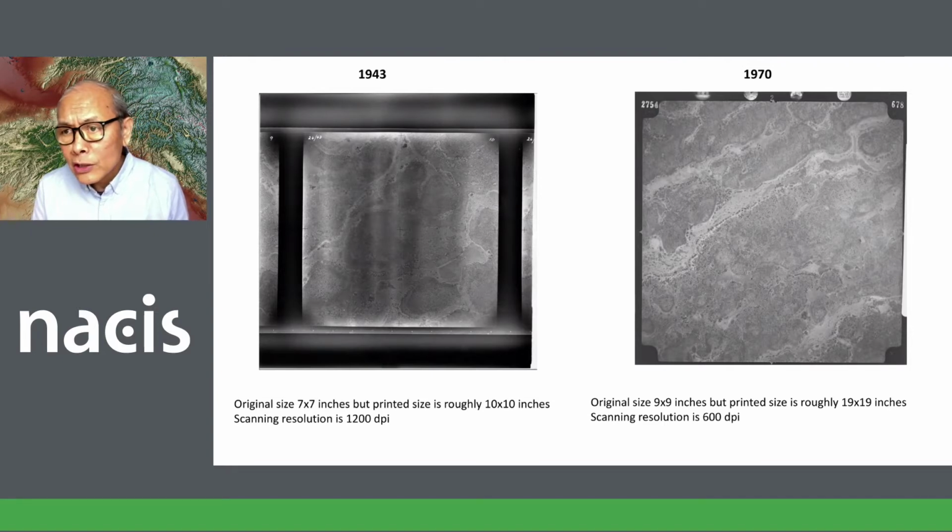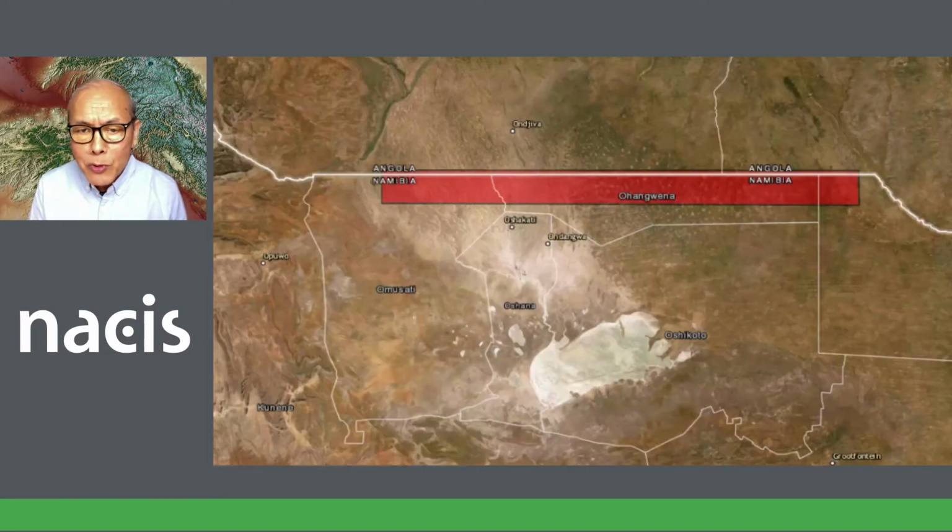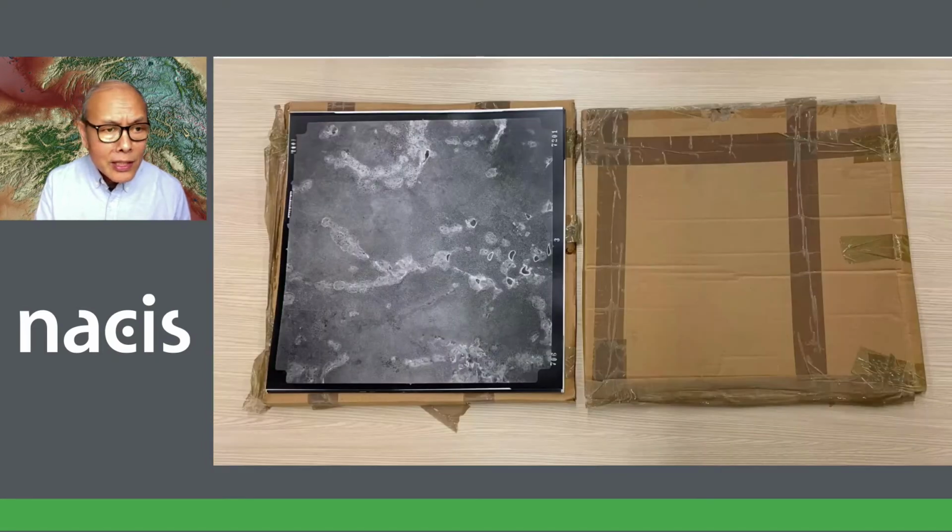However, on the 1970 aerial photograph, the original size is 9 inches, but the print size is roughly 19 inches. Because of that, we scanned this aerial photograph at 600 dpi. This map shows the coverage of both aerial photographs, in red color. And this is a sample of the 1970 aerial photograph. It's really large.